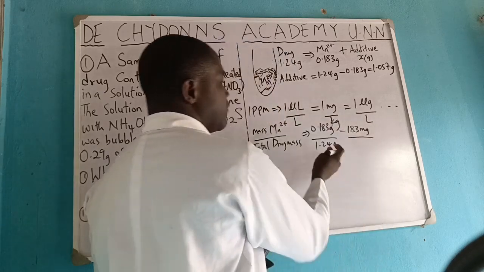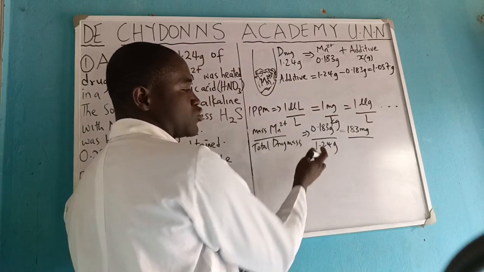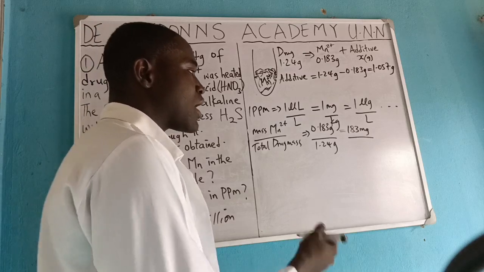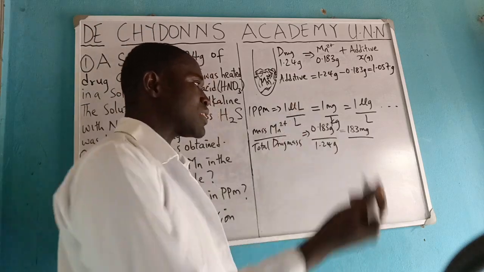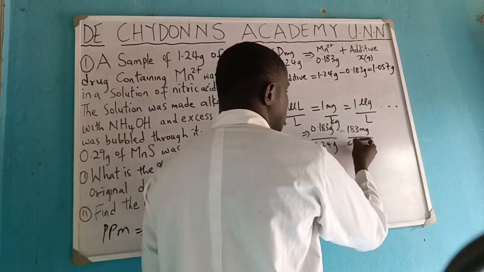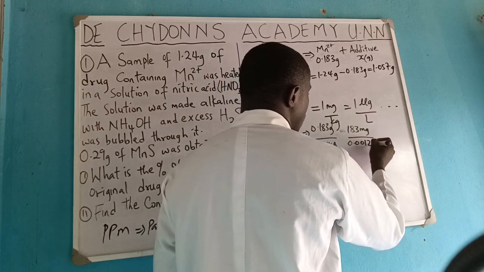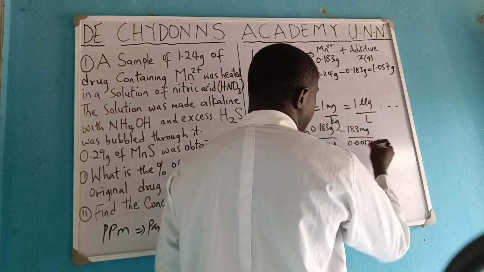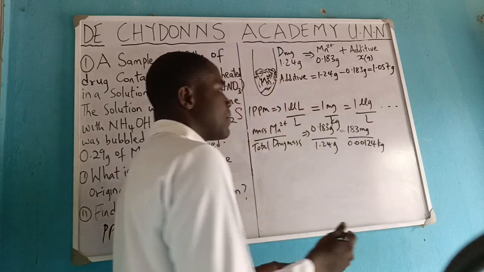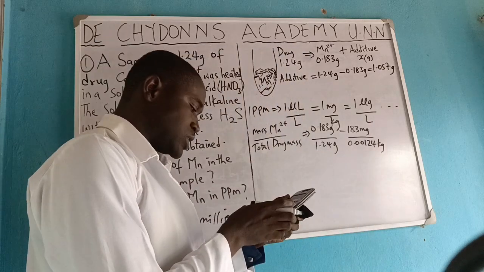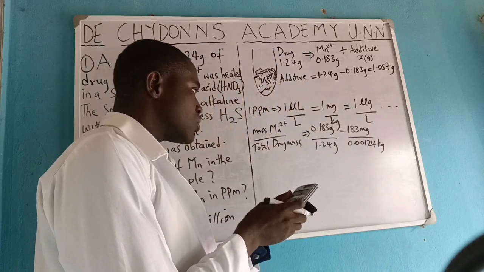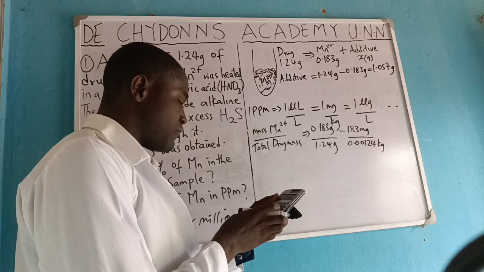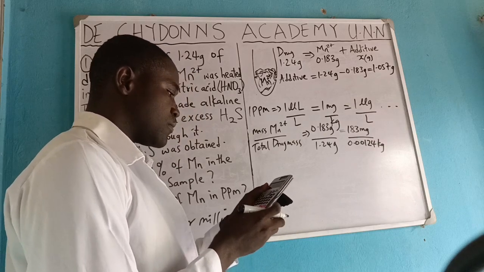All over, if I divide by 1000 to get kilogram from gram, I have 0.00124 kilogram.